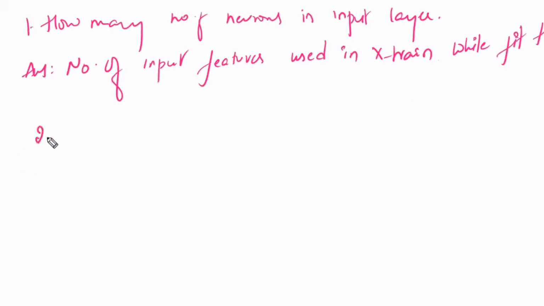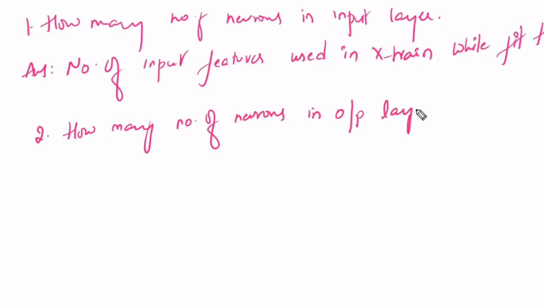Question number 2. How many neurons in the output layer? How many neurons have to be considered in the output layer? The answer for this one is, you have to consider 1 if it is a regression problem.